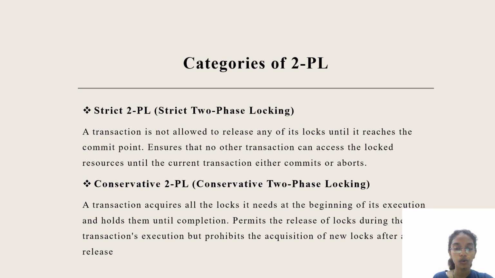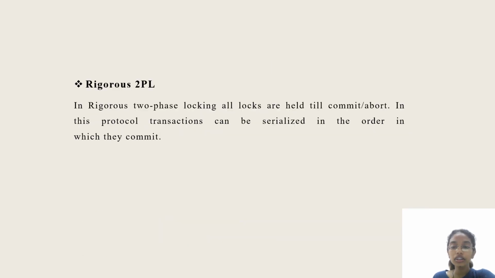It permits the release of locks during the transaction's execution but prohibits the acquisition of new locks after the release. Rigorous 2PL: in rigorous two-phase locking, all locks are held till commit or abort. In this protocol, transactions can be serialized in the order in which they commit. Let's look in detail at what is Rigorous 2PL and see some examples.